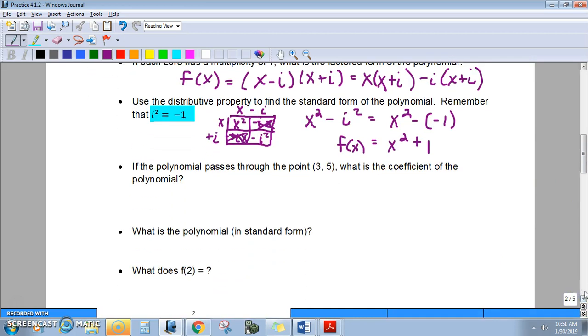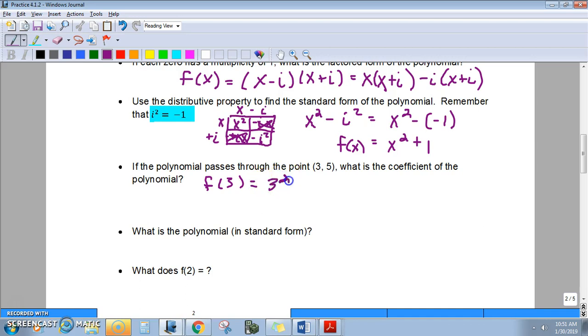If the polynomial passes through the point (3, 5), input 3, output 5, what is the coefficient? So if I input 3 and I need my output to be 5, what happens? This is how I do it, and then I'll show you how Ms. Stewart does it, which is a little bit different. I figure out what I would get if I input 3.